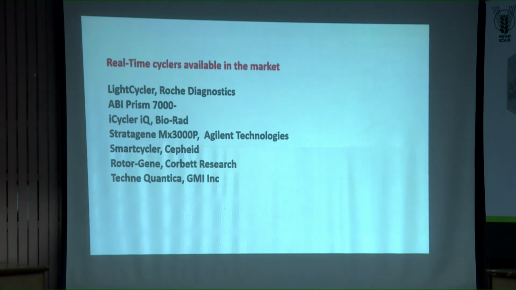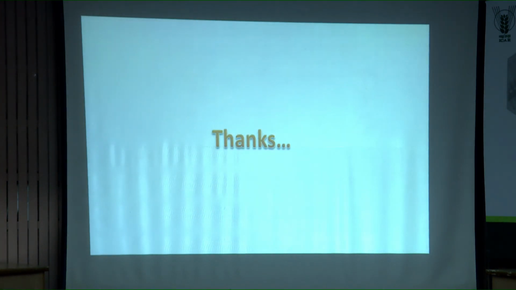ABI 7700, I already told, the first machine, and different variants are there nowadays. iCycler iQ by Bio-Rad, Stratagene Mx3000P, and of late the CFX96 from Bio-Rad is very famous now, right? And SmartCycler, Cepheid, Autogene, Corbett Research, then the list goes and goes. So please explore. Different companies are manufacturing these kinds of machines, right? Yeah, thank you once again.